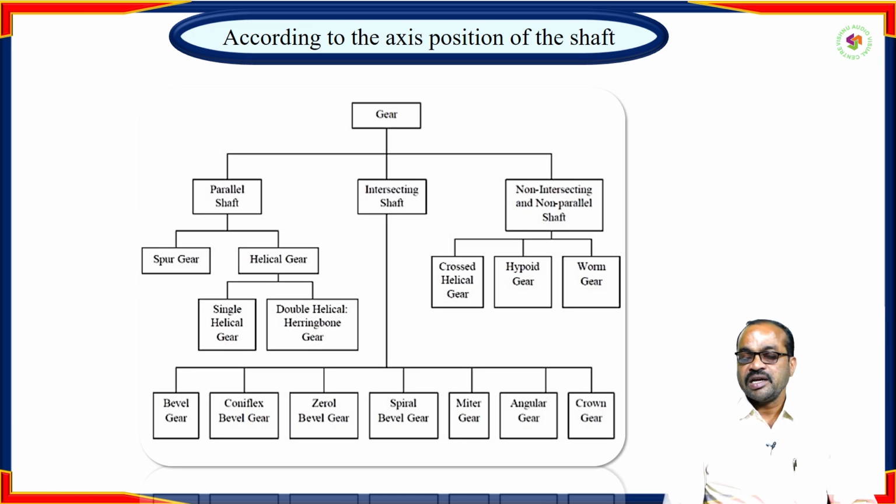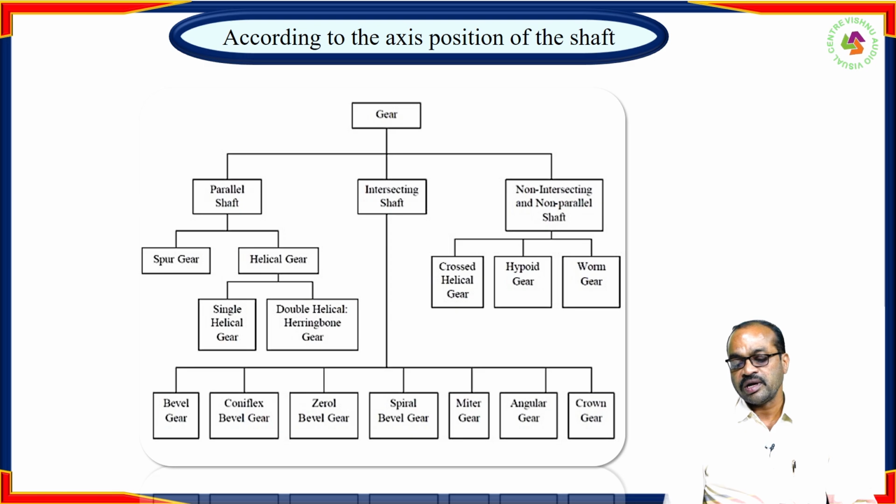So the second category, intersecting shaft, as I said, bevel gear is the major one, even though we have multiple subdivisions like coniflex bevel gear, zerol bevel gear, spiral bevel gear, mitre bevel gear, angular bevel gear, and finally crown gear. We are mainly focusing on the design procedure for bevel gear.